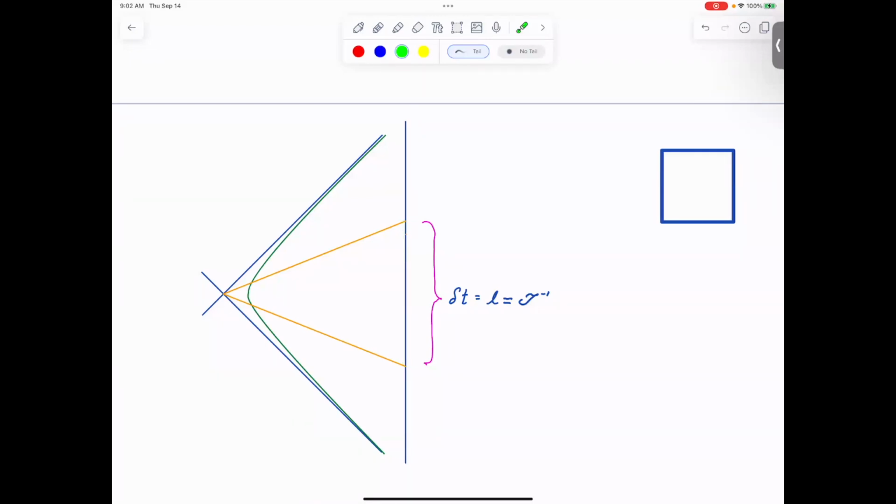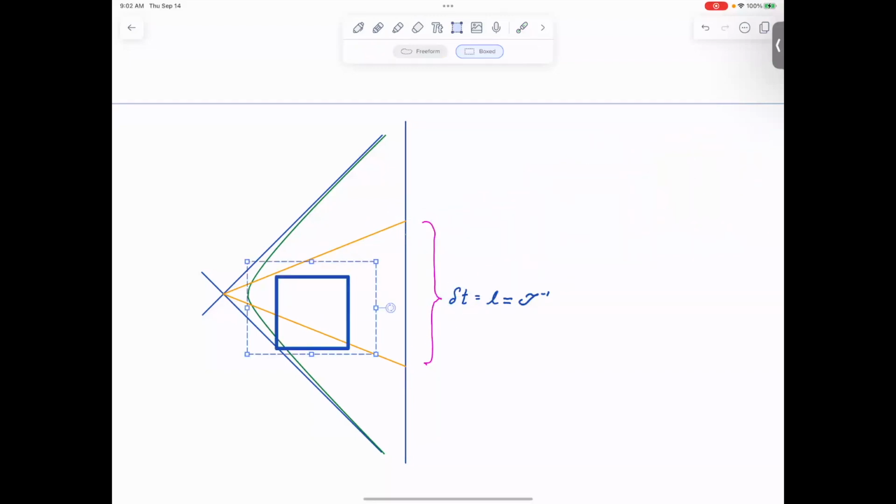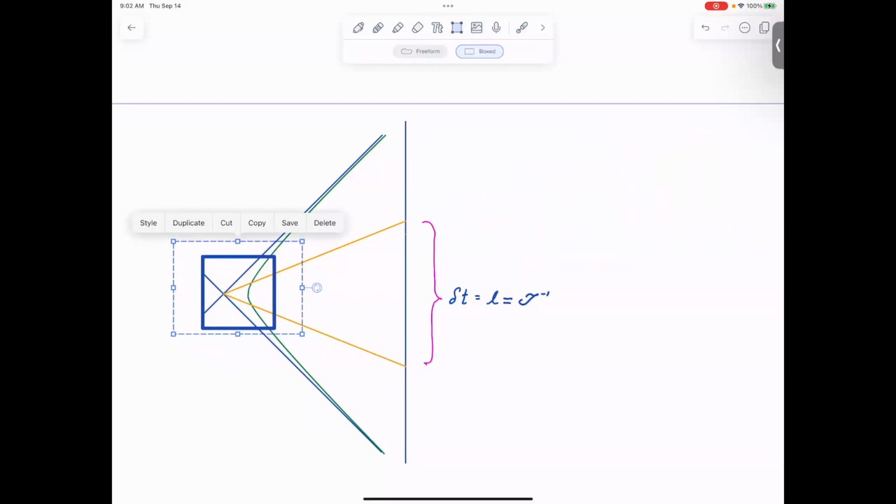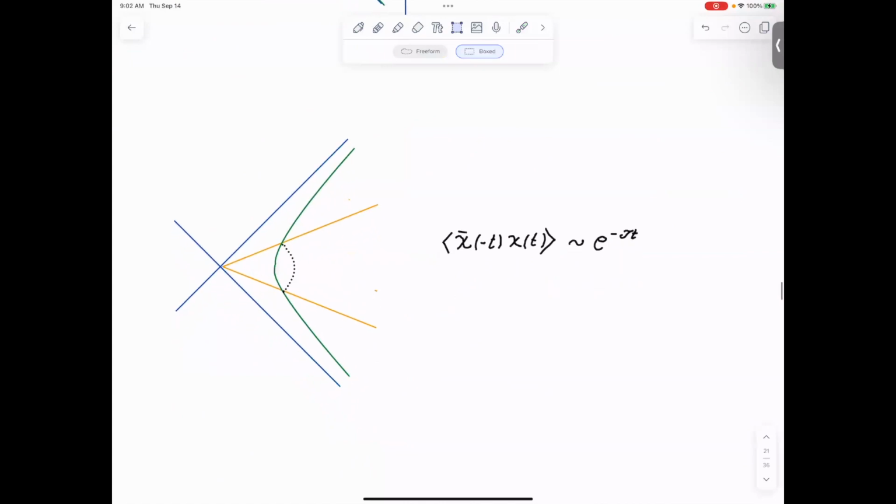But let's look at the same time unit near the stretched horizon. Let's focus in on the region near the horizon. Here it is.